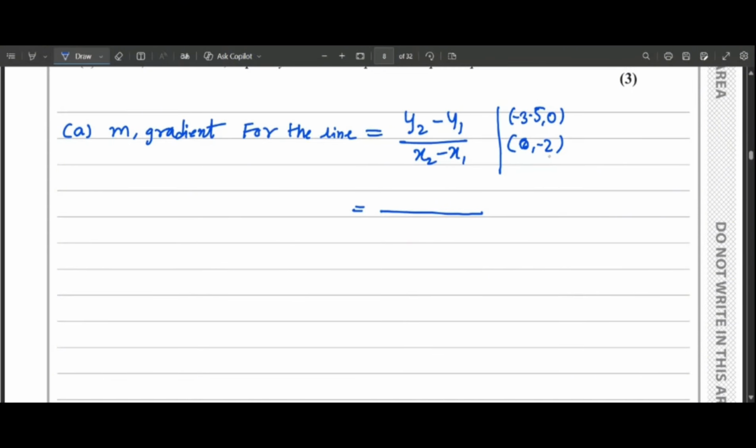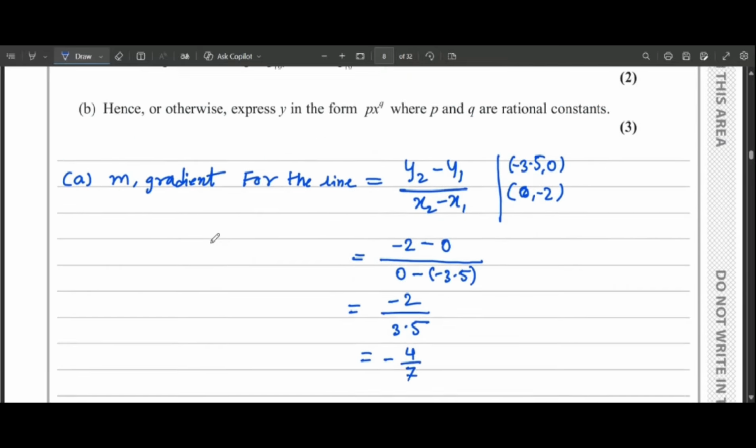So let's say -2 is our y2, 0 would be our y1, and for x2 it will be 0 minus of minus 3.5. This becomes -2 divided by 3.5, and ultimately our gradient is -4/7.